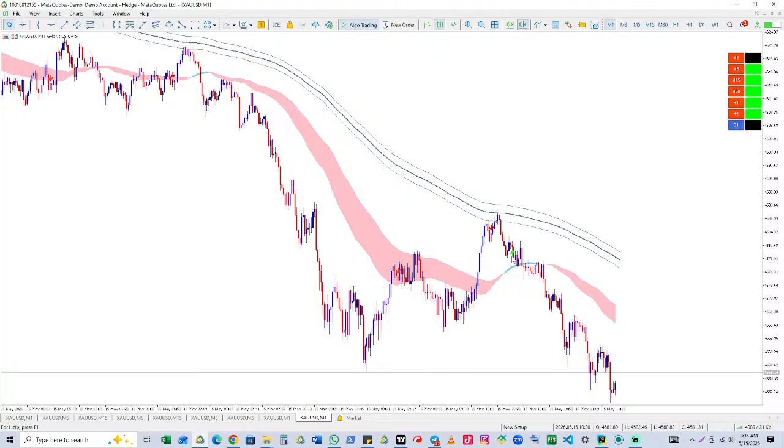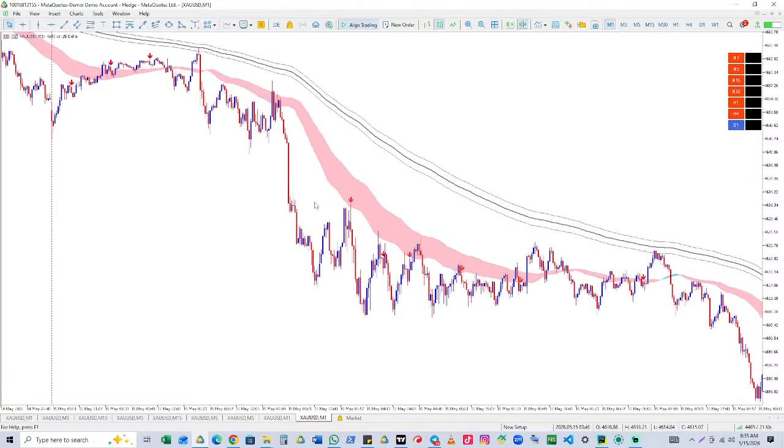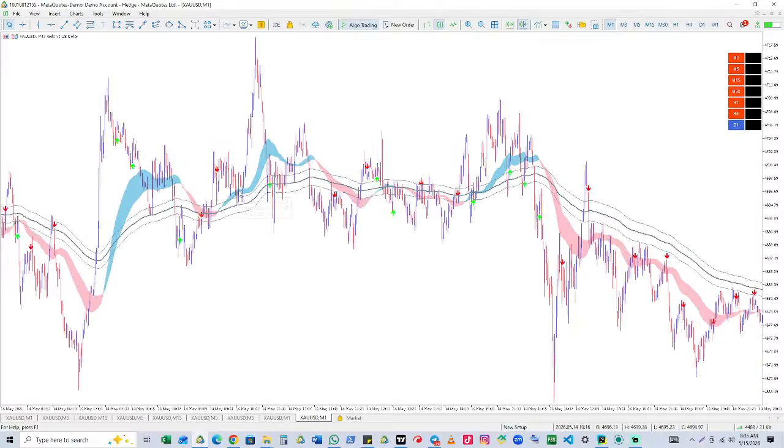Once they appear, they would not disappear again. They will be there. All right, so let's get into it. In fact, let me squeeze the chart a little bit.